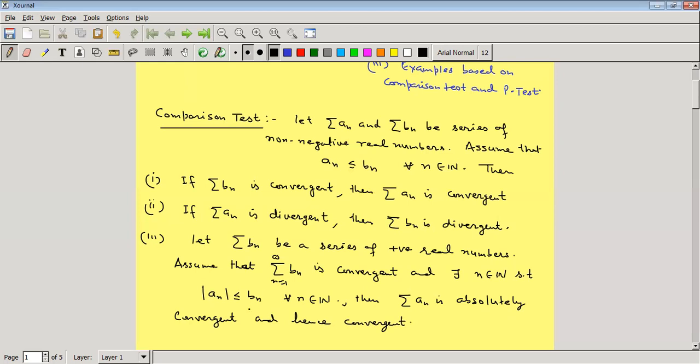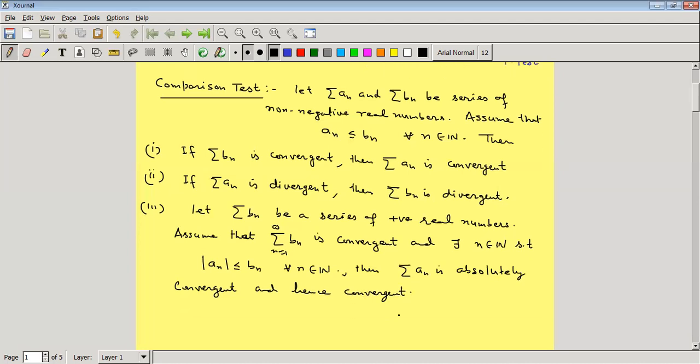So here, if the bn series is convergent, then summation mod an is convergent. If the mod of the series is convergent, then we can say the series is absolutely convergent, and hence it is convergent.